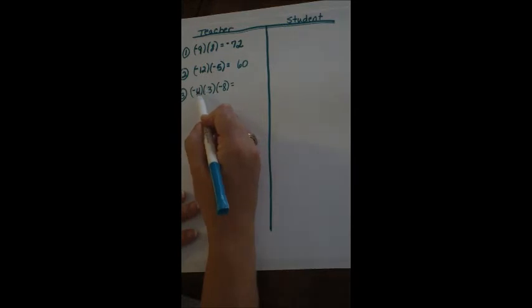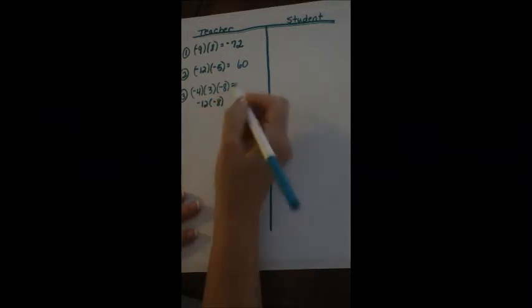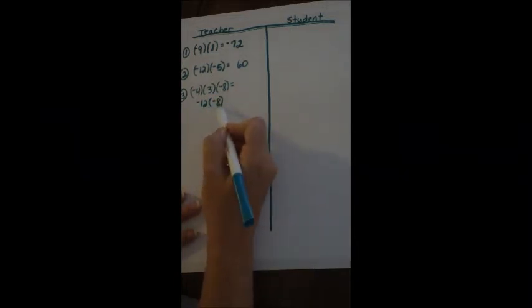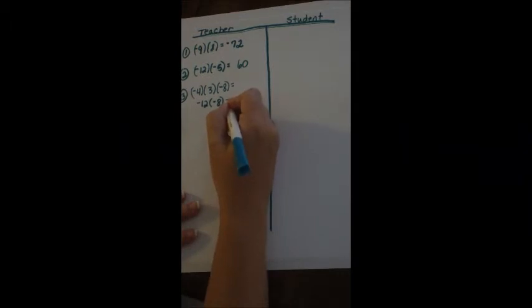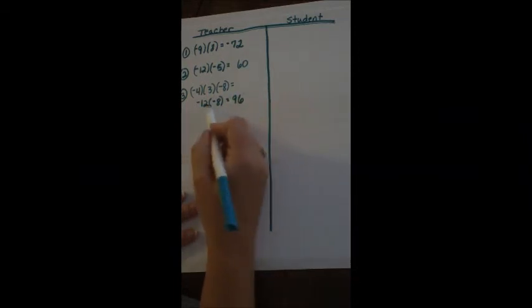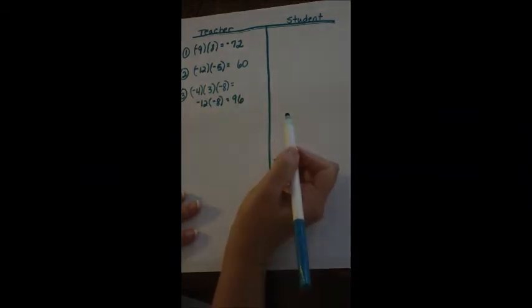They're different signs, so that's a -12 times -8. -12 times -8. Well, 12 times 8 is 96. And then both signs are the same, so it's a positive 96.